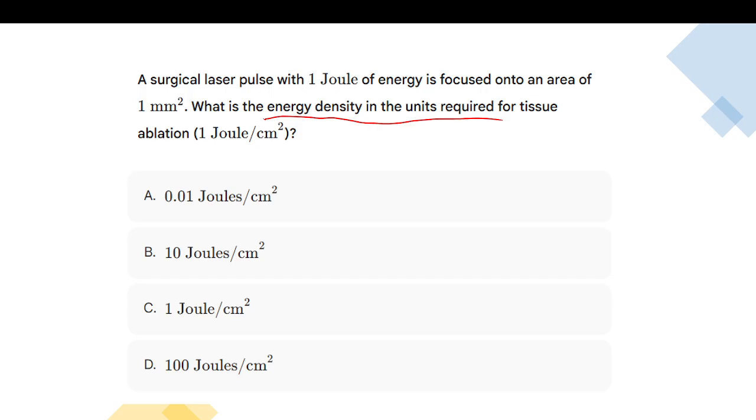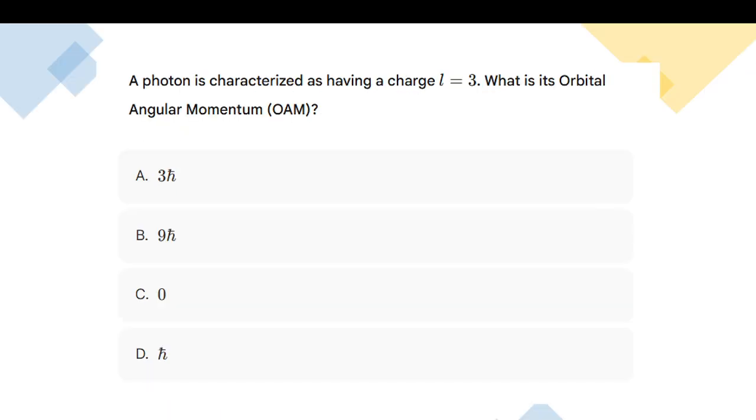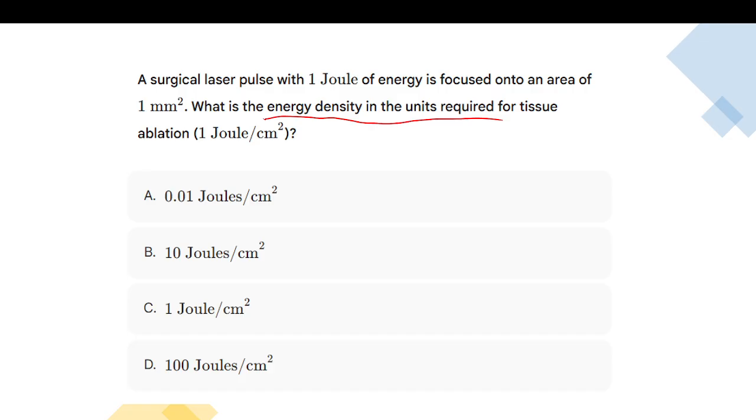As we know, 1 joule is in 100 mm square, which is 1 centimeter square.